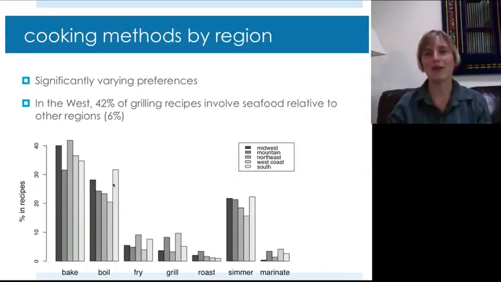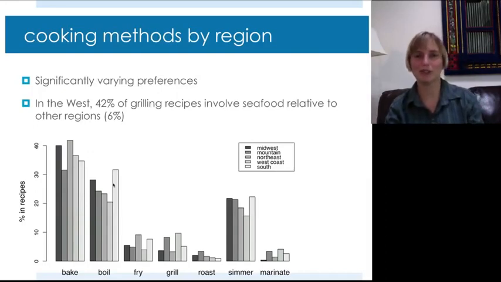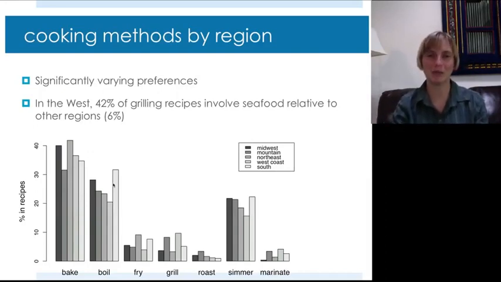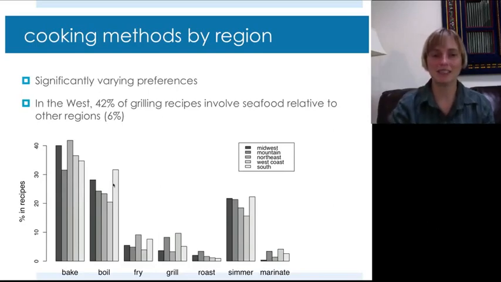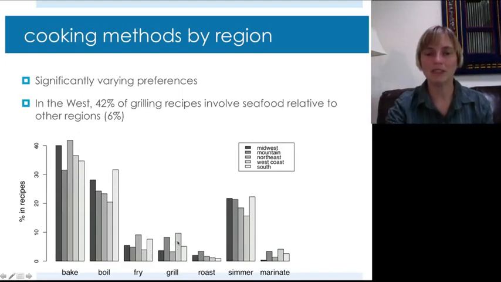On the way, we did a little bit of exploratory data analysis, not necessarily having to do with networks. For example, we found that cooking methods differ by region. The Northeast and the South were more likely to fry their foods. These are regions of the United States. Grilling was more popular in the mountain and West Coast regions, for example.